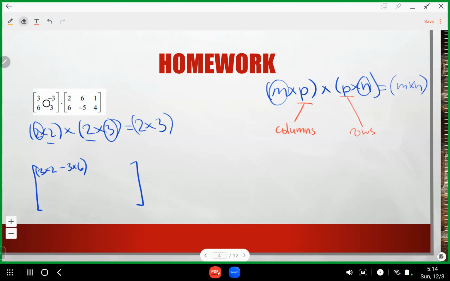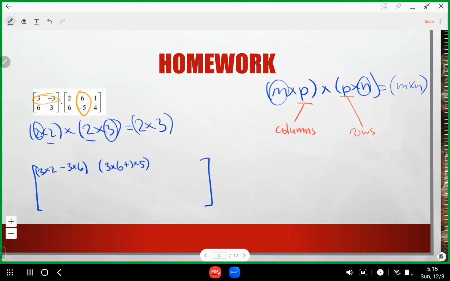All right, the second one, we're going to have this first row correspond with the second column. Let's just make it bigger so it's easier to explain. It's just going to be 3 times 6 plus 3 times 5.